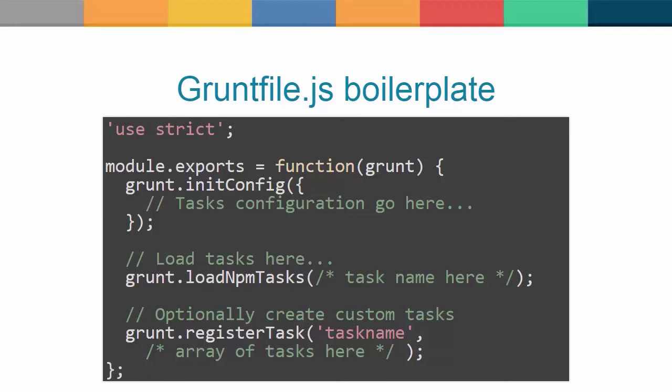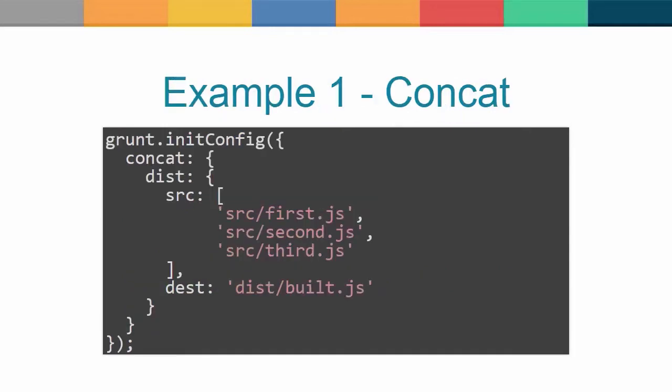The following is the gruntfile.js boilerplate. As you can see, we have all the parts that we have previously described. Let's now see a couple of examples of task configuration. This example illustrates how you can configure the concat task.